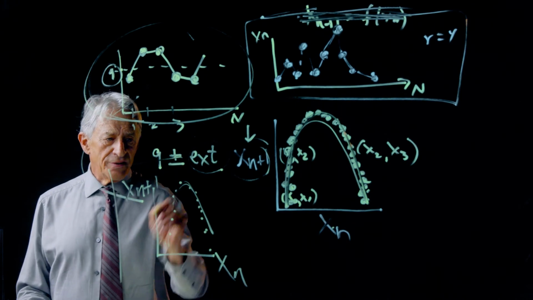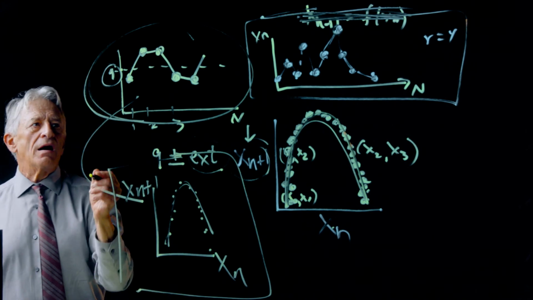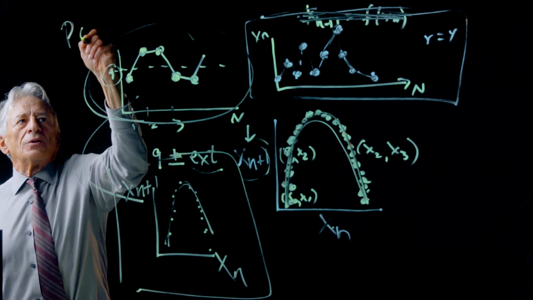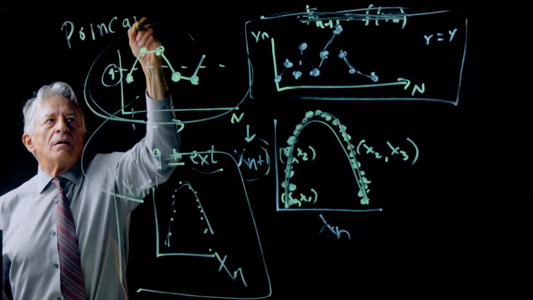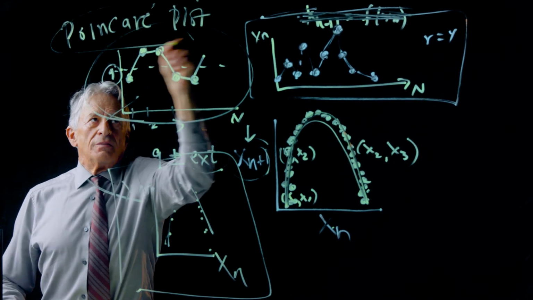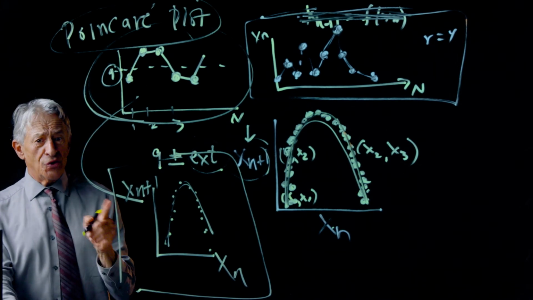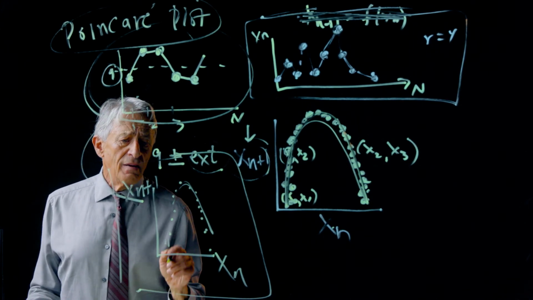So this kind of plot, where you get it from data, is called a Poincaré plot, after Henri Poincaré, who introduced this concept, studying the solar system, interestingly.